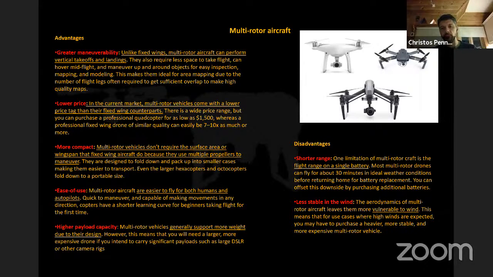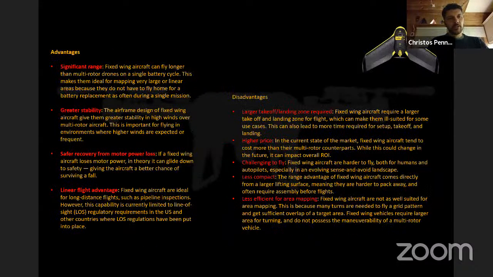The aerodynamics of multi-rotor aircraft leaves them more vulnerable to wind. And this means that for cases where high winds are expected, one should purchase a heavier or more stable and more expensive multi-rotor drone. What about the fixed wing drones?